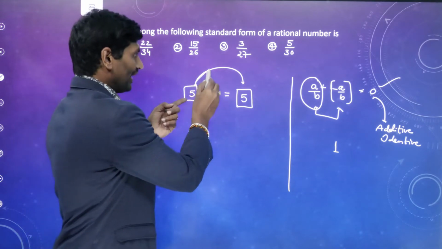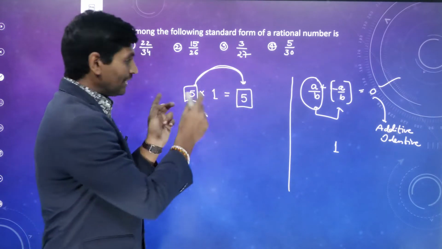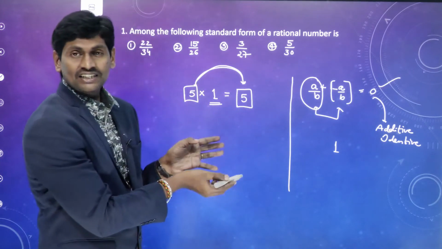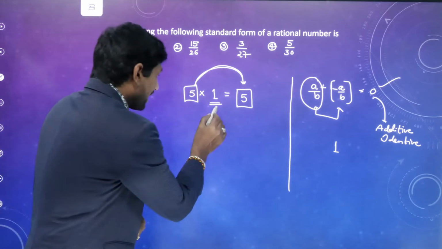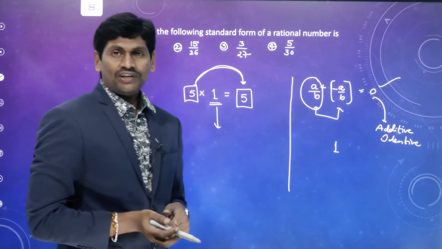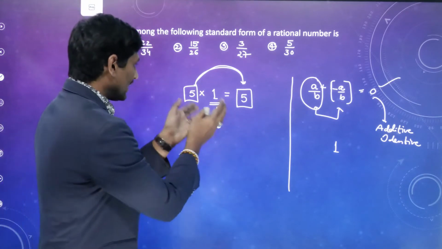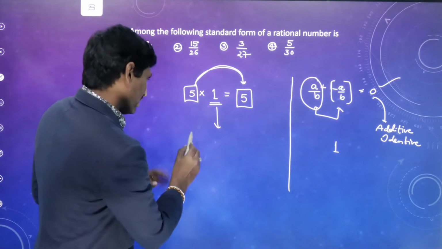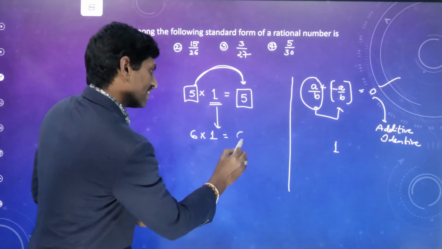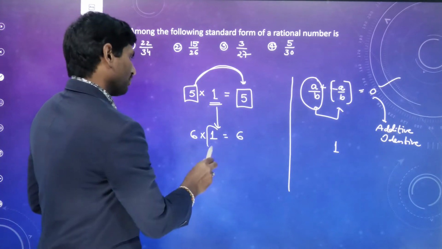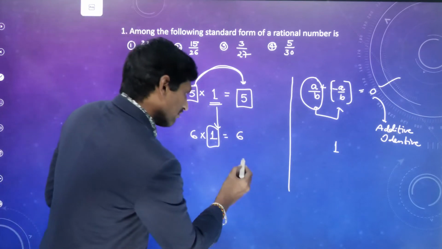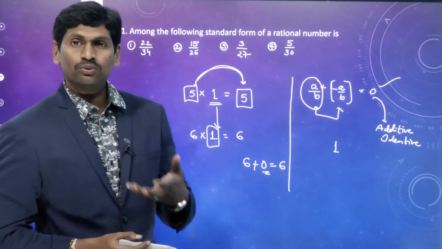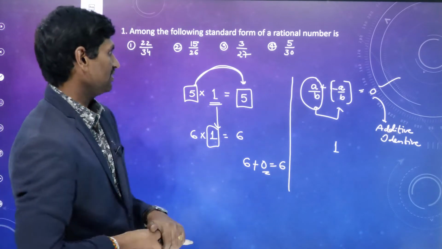To get the identity of 5 as it is while multiplying with some other number, 1 helps to protect its identity, so 1 is called the multiplicative identity. If you take any number and multiply with 1, it always gives the same number. In the same way, while adding, 0 helps, so 0 is called the additive identity. Clear?